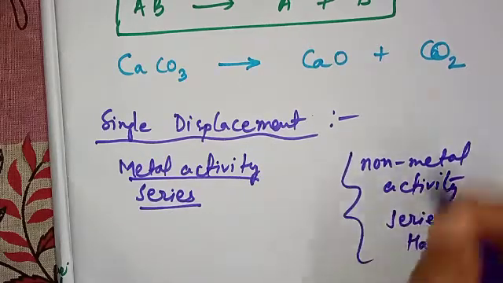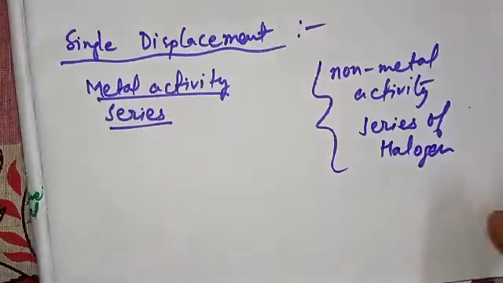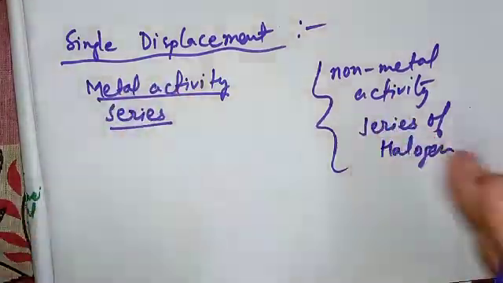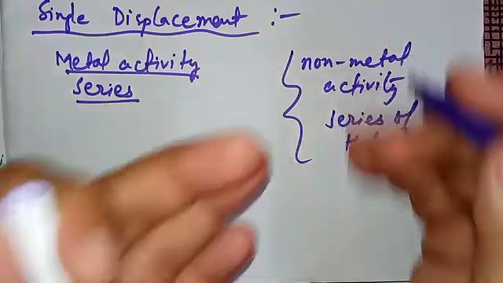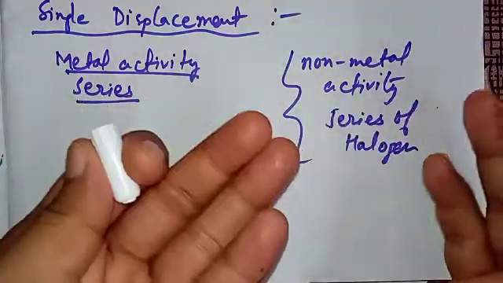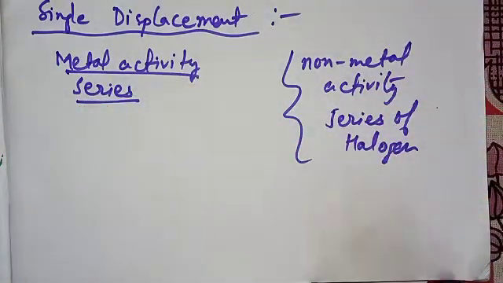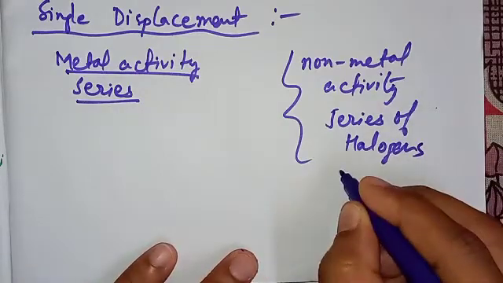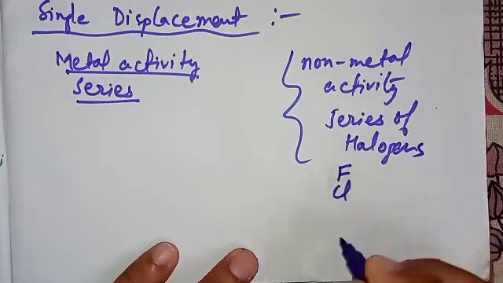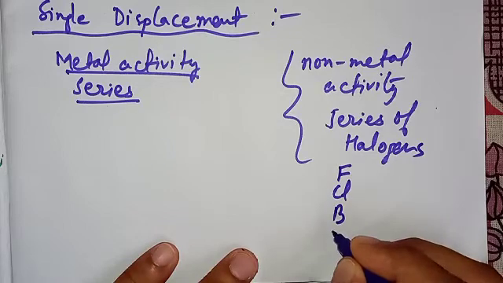This one is very easy. If you know the 17th group in the proper sequence, then that is the non-metal activity series of halogens. That is fluorine, chlorine, bromine, iodine.